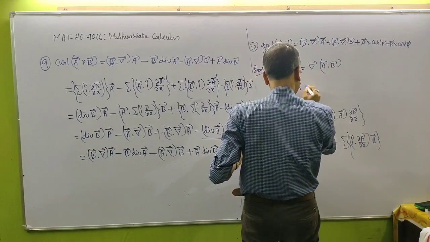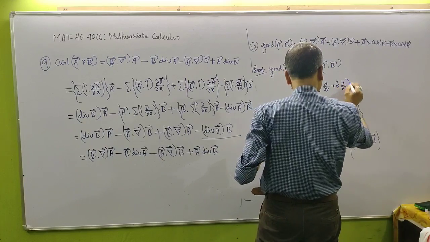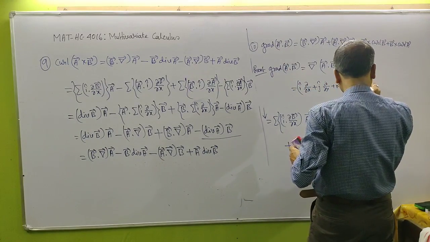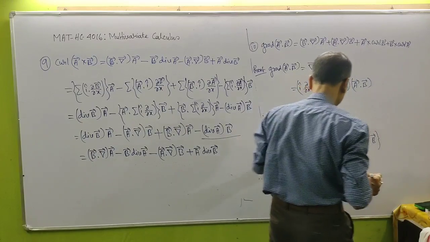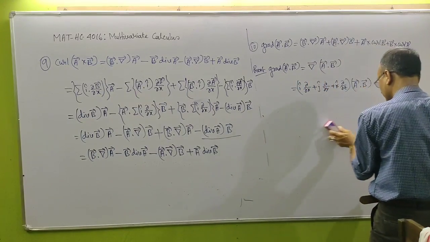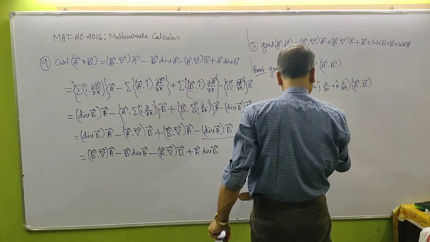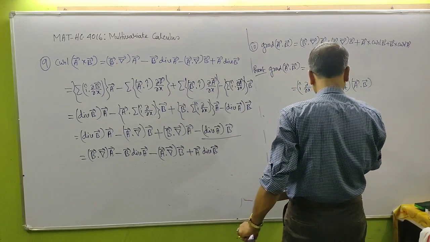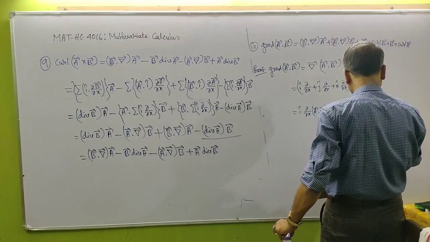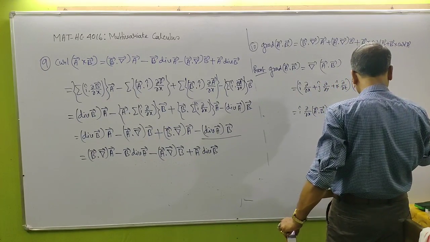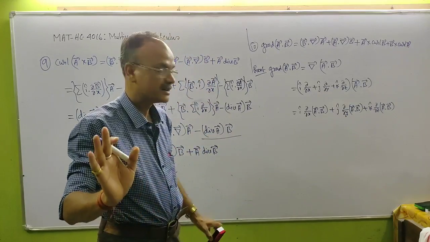This is equal to i cap del/del x plus j cap del/del y plus k cap del/del z of A dot B. This is equal to i cap del/del x A dot B plus k cap del/del z A dot B. Right?